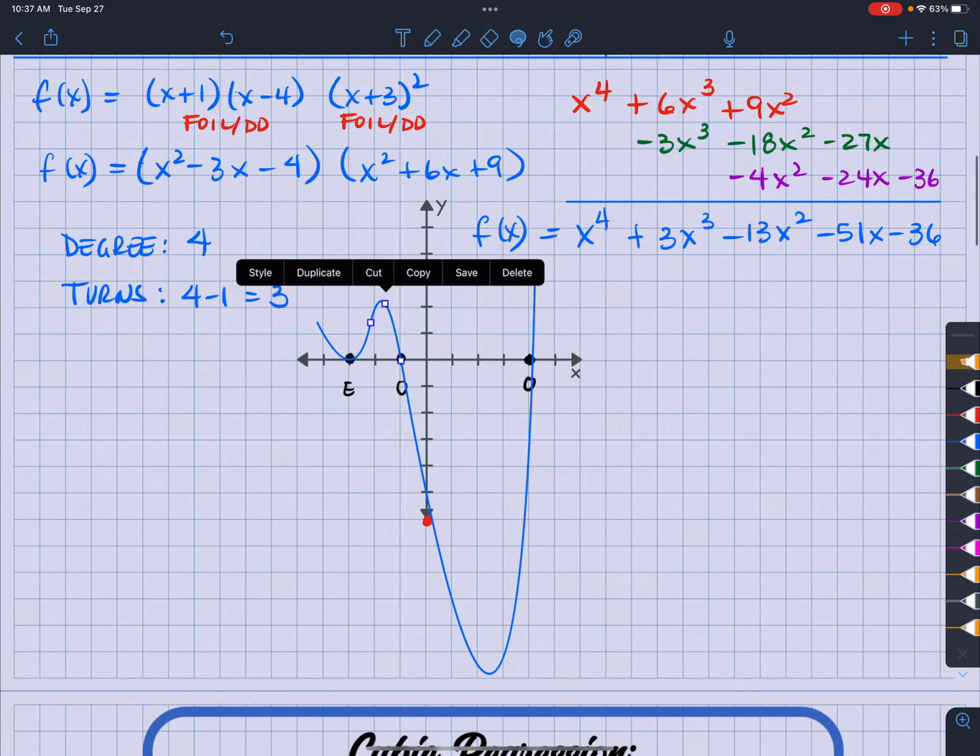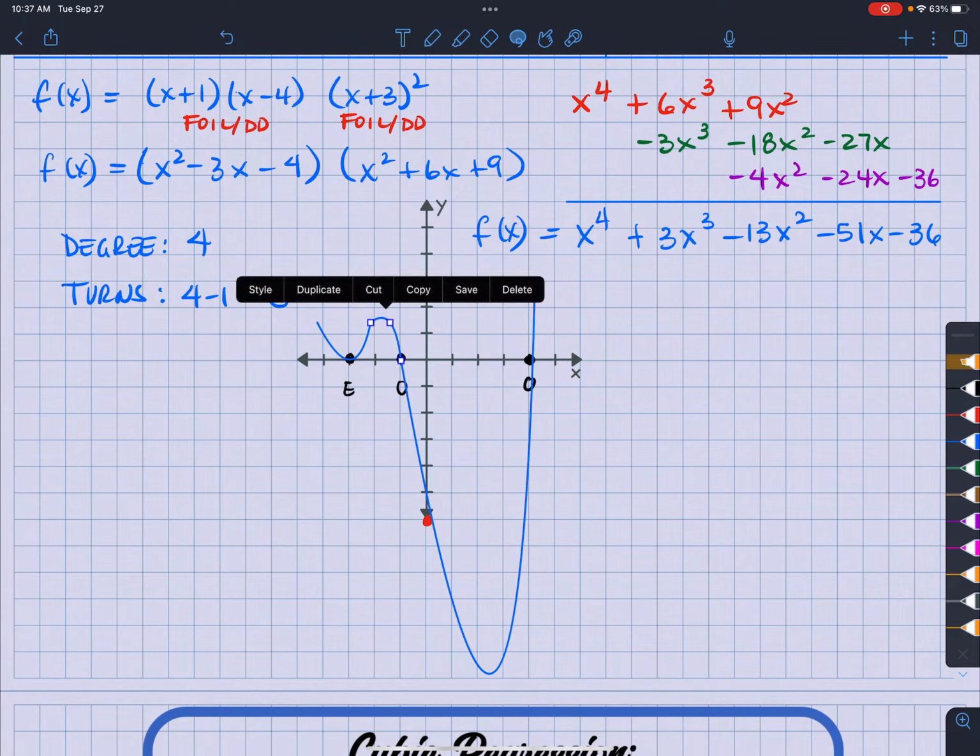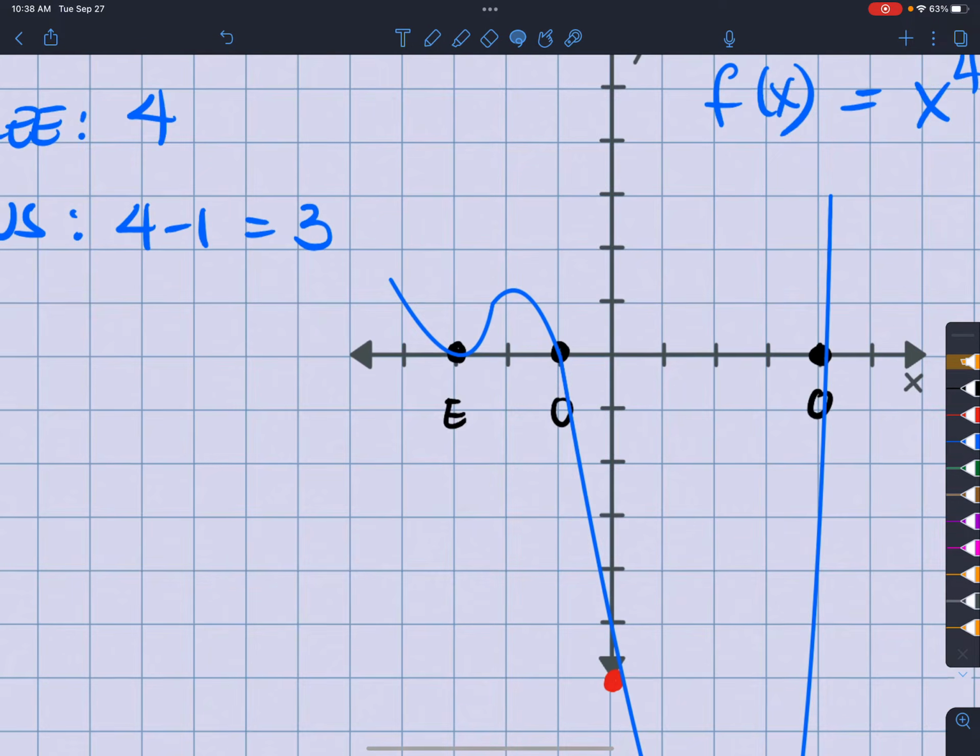This doesn't look very nice, does it? Ooh, this doesn't look very nice at all.